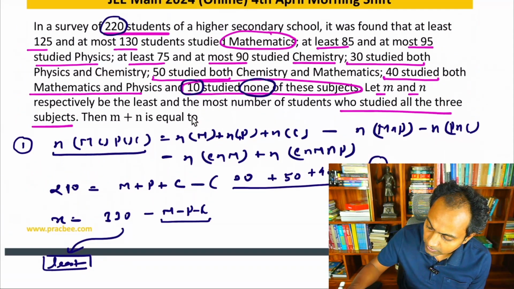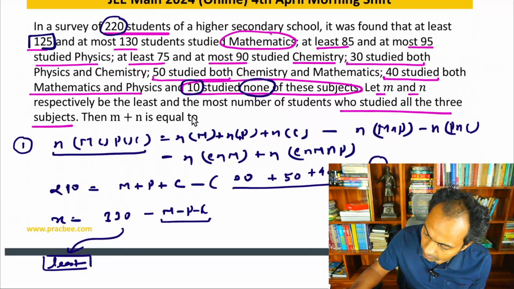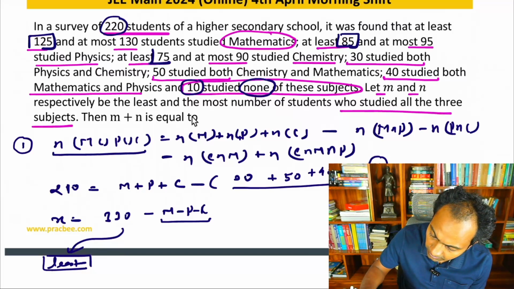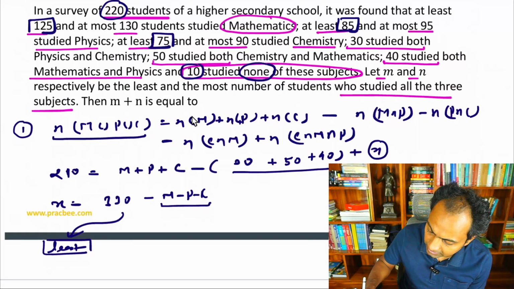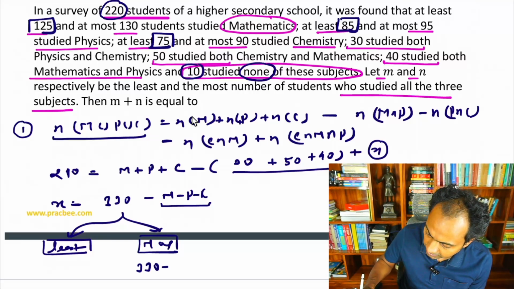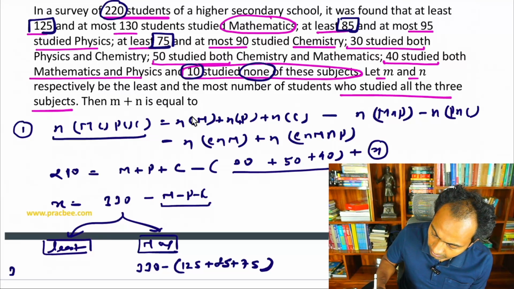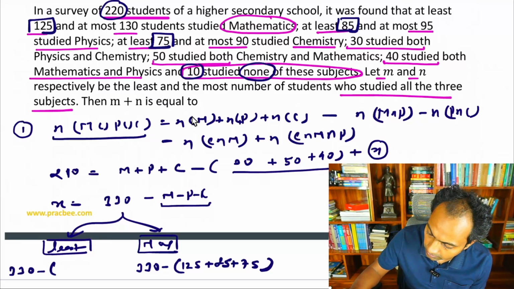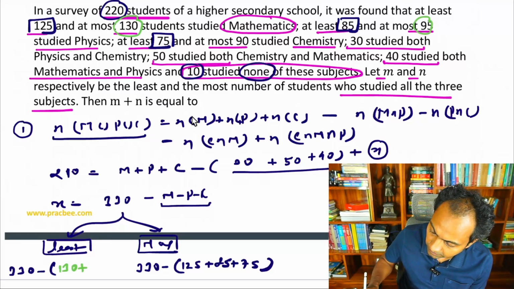The maximum values were nothing but 125, 85 and 75. So for the maximum value it is 330 minus 125 plus 85 plus 75, and for the minimum value we will have to take the maximum values, so that are nothing but 130, second would be nothing but 95 and then 90.